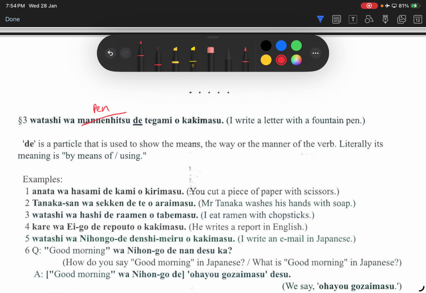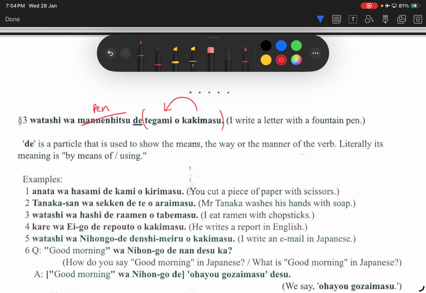So right now we go back to an object. You recall the first meaning of de that we learned, by means of, or by method of. In this case, tegami o kakimasu, kakimasu is write, so write letter using pen.